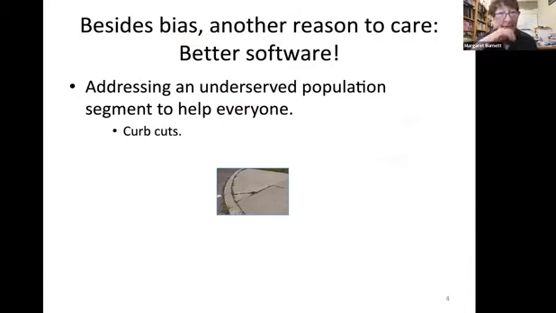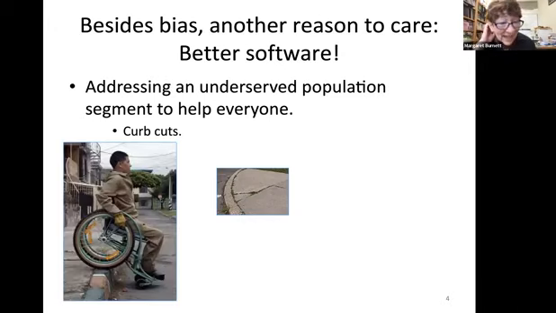Okay, so just to get everybody inspired, what might be another reason to care about this, even if you're not an inclusivity person? And the answer is when you address an underserved population segment, what happens is you end up benefiting everyone. So the classic example of this is curb cuts. Some of you have heard me talk about curb cuts before, you know, those cutout places in the sidewalk.